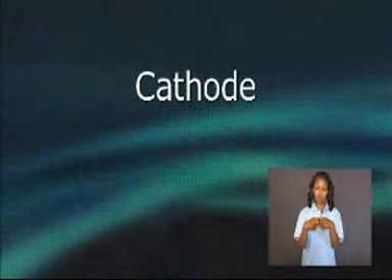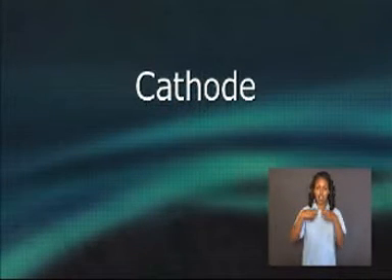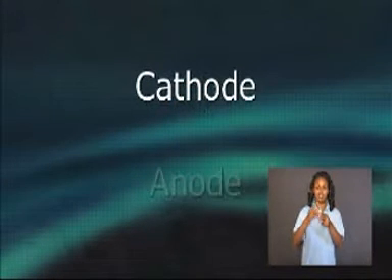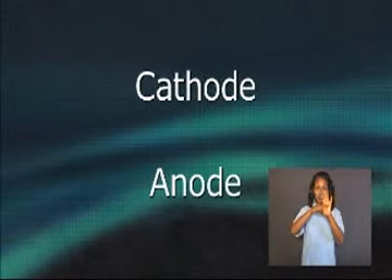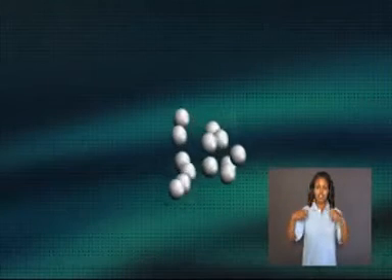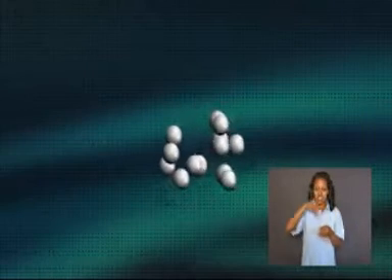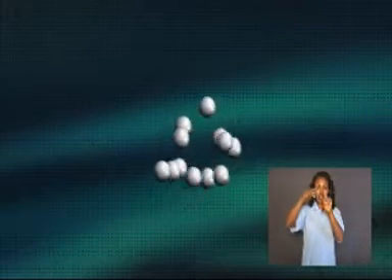Inside a vacuum tube, there are electrical conductors called electrodes. Vacuum tubes normally have two electrodes. Hot electrodes are called cathodes. Cool ones are anodes. As electrons are heated inside the cathode, they get faster.